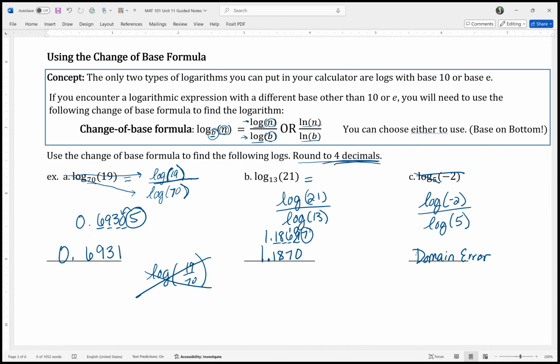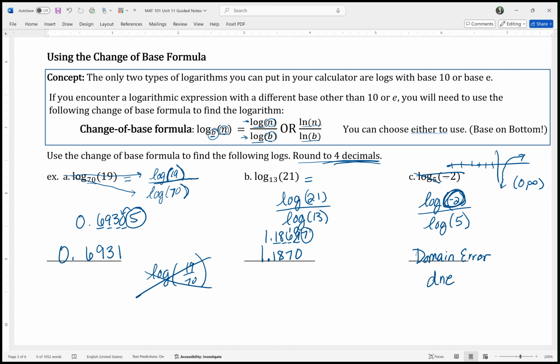Okay, so the domain of log, if you haven't seen the graph yet, but this is what it kind of looks like, and this gets really, really close to 0. So it's 0 to infinity, which means that I don't have any negative values for the domain. So if I'm trying to find a negative, it's not going to be in the domain. So in the calculator, you're going to type does not exist or DNE.